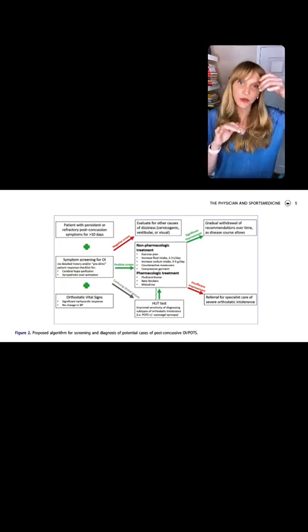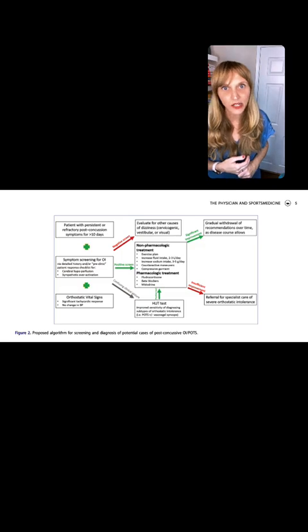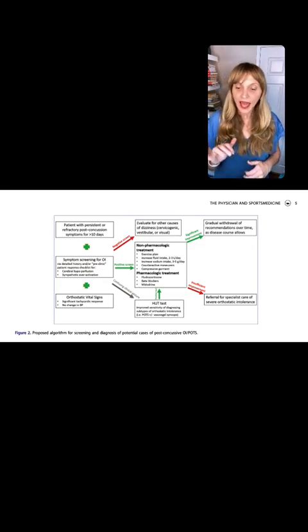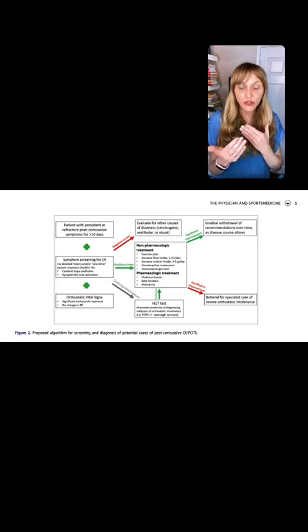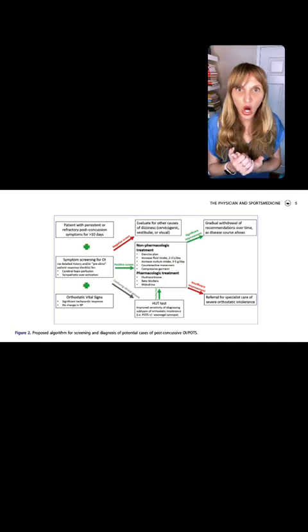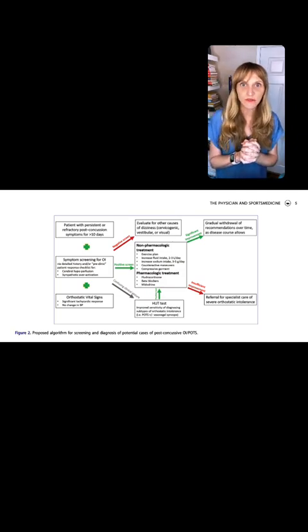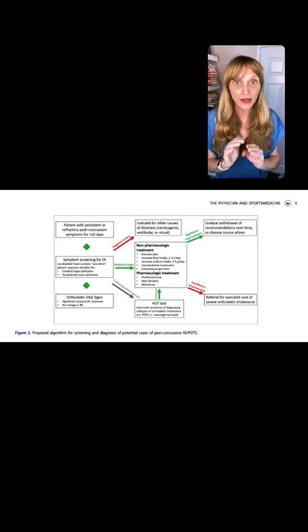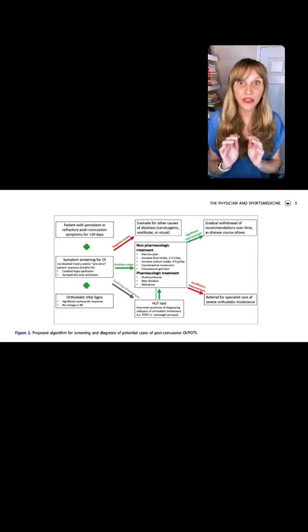So this is the person who upon standing has a sustained tachycardia of greater than 40. And again, they treated and it resolved their concussion symptoms. So again, this points to that autonomic component that occurs post-concussion.